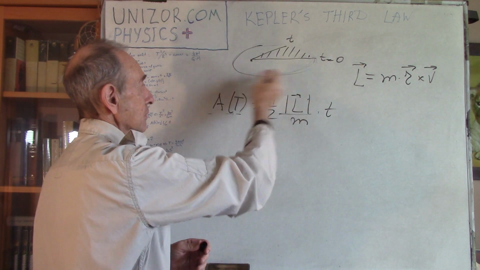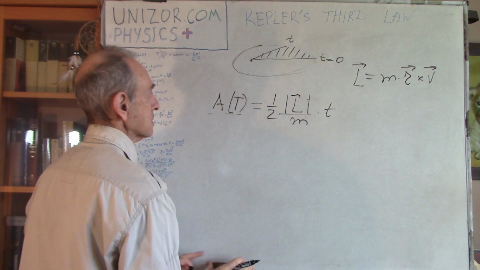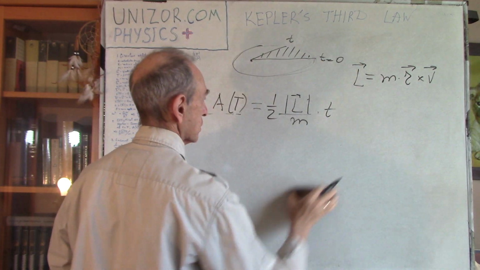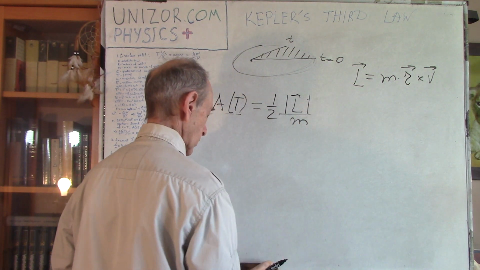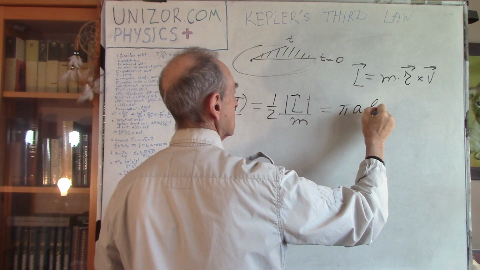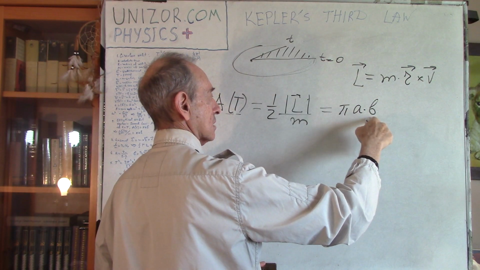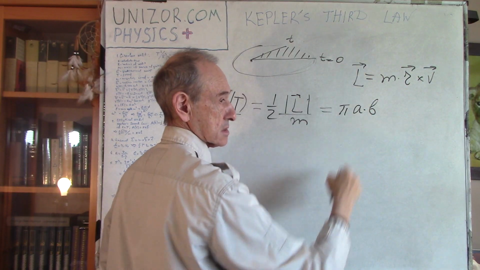So it's the area of this ellipse, basically, right? And the area of the ellipse, we know what it is. It was addressed in one of the lectures before. That's pi AB, where A is semi-major axis and B is semi-minor axis.